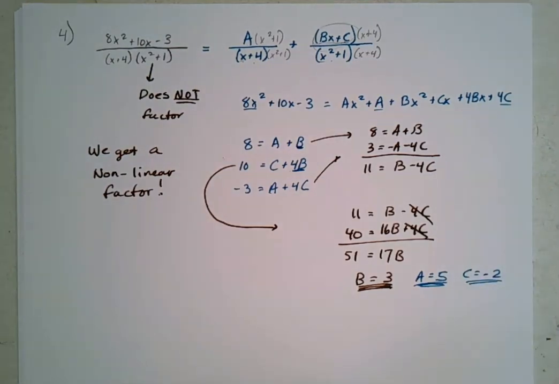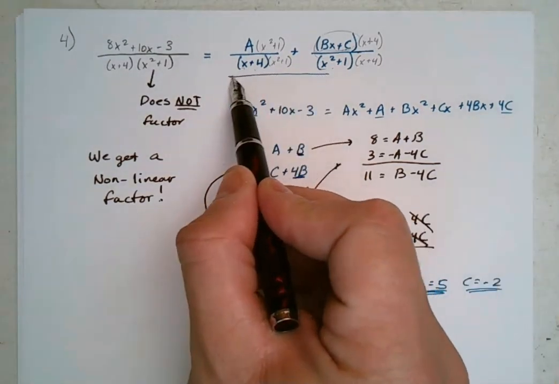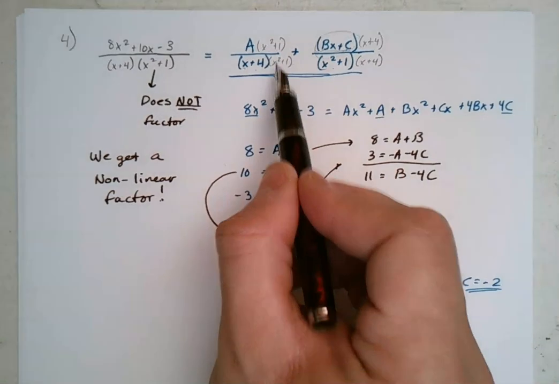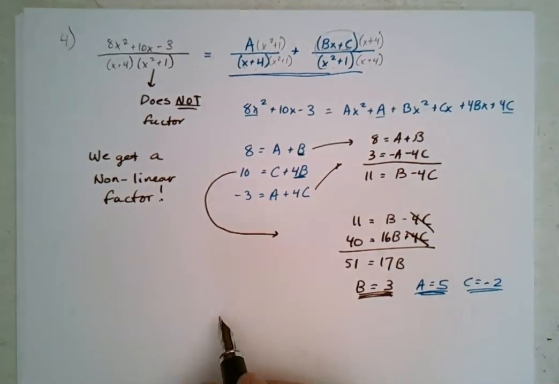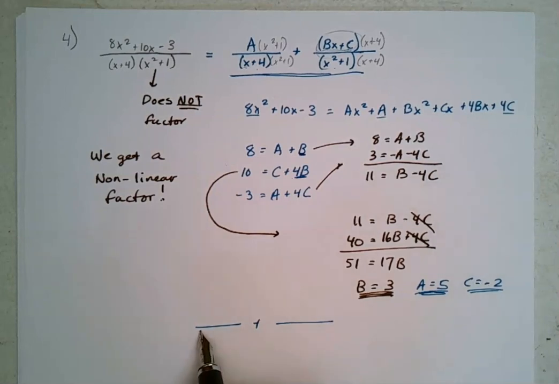Now what? And now I go all the way back to the top. And notice I wrote this in blue, and then I did the rest of my work in pencil. I'm going to take what's written in blue, and I'm going to say, okay, that is my answer, x plus 4, x squared plus 1.